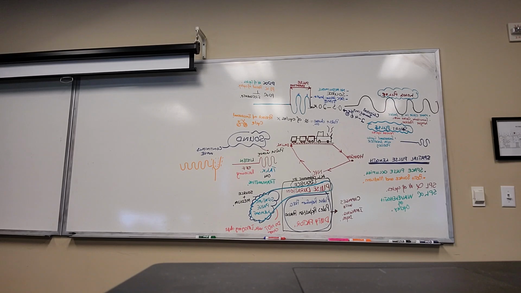So, spatial pulse length is directly proportional to the wavelength of the cycle. The longer the wavelength, that's another way of saying longer period too. But period is expressed in terms of time. This is expressed in terms of distance, right? So, spatial pulse length is directly proportional to the number of cycles, right? Spatial pulse length is directly proportional to the wavelength of cycles.